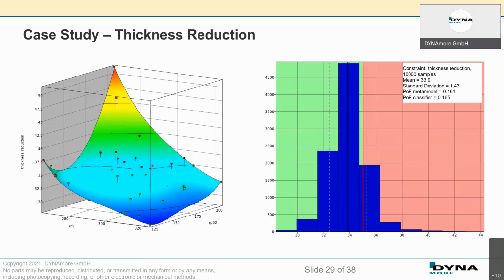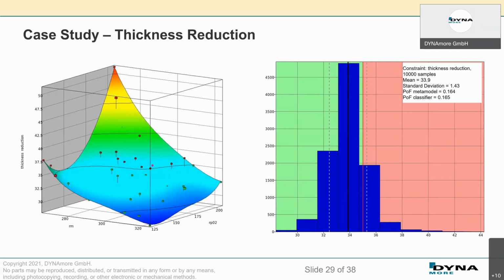For example, the histogram plot, what you see on the right. The blue bars you see here are calculated using a lot of metamodel evaluations. 10,000 samples were evaluated on the metamodel to calculate the distribution of the thickness reduction in this case.